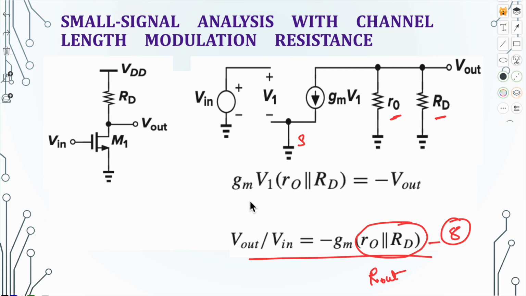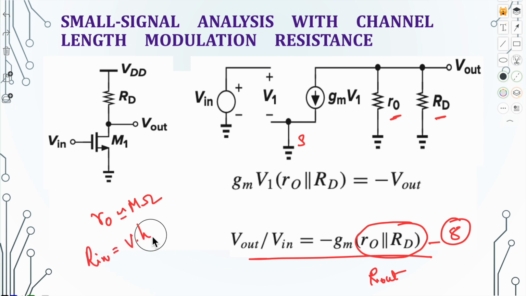Here you should note that the value of RO is in mega ohms, and it depends on the size of M1. Moreover, the input impedance of this resistive load common source amplifier is very high. You can note it.